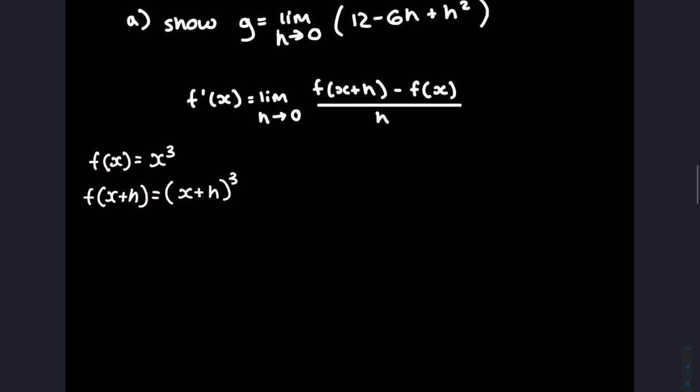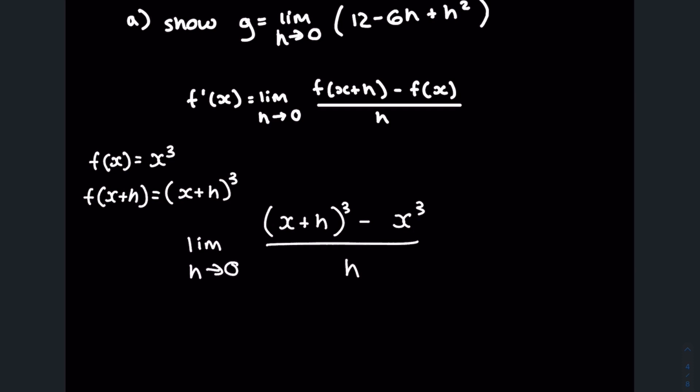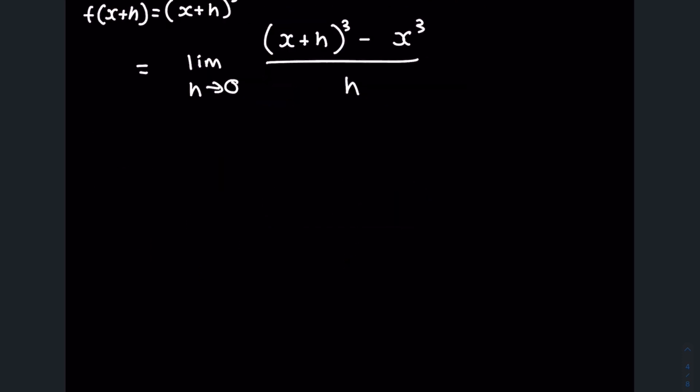So we've got everything we need right now, so we just sub everything in. We've got x plus h cubed minus x cubed over h, and that's all being limited when h tends to 0. So then we expand this out, and you can use Pascal's triangle if you have learnt that yet.